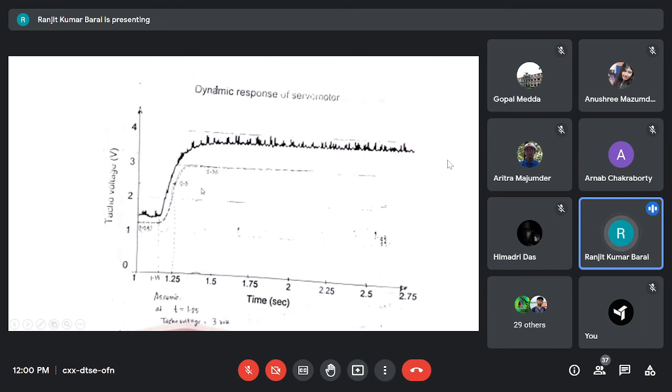Now from this characteristic curve, we can find out the time constant. We know the initial value, we know the final value, and from here we can calculate the time required for 63.2% rise, and that is the time constant.